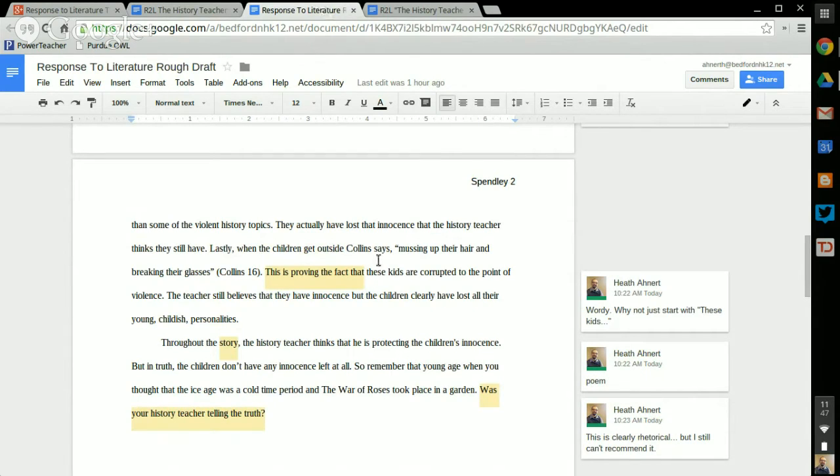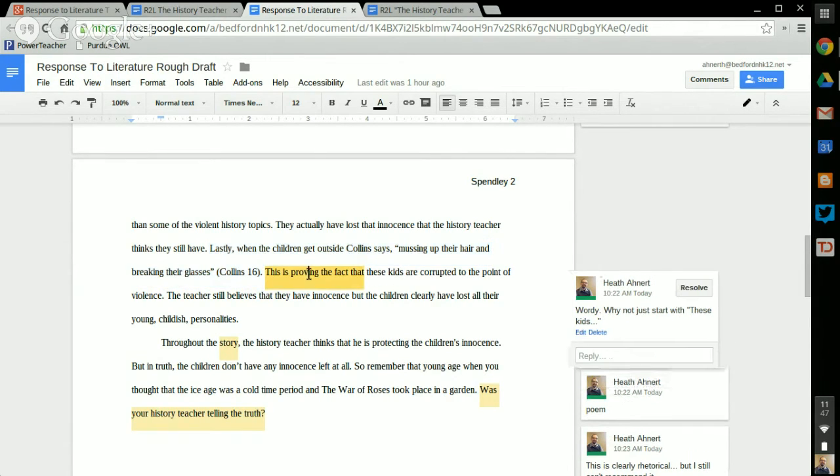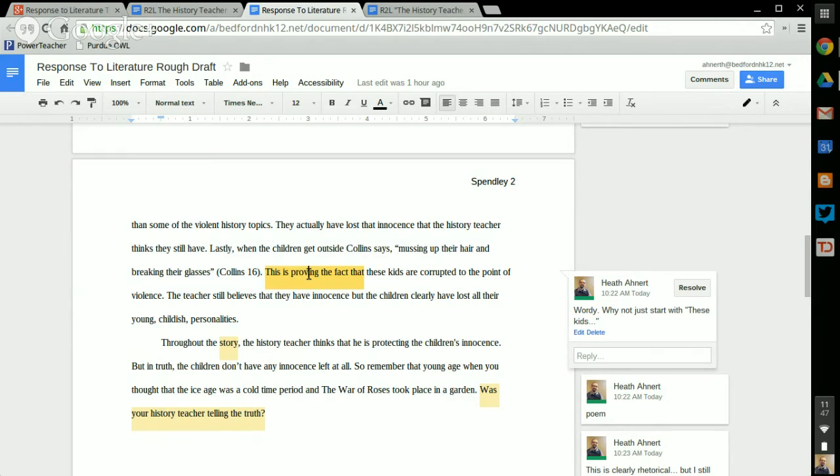Moving on to Ian's. Ian here has some great context. He says, lastly, when the children go outside, Collins says, mussing up their hair and breaking their glasses. And so he wants to talk about that moment that we talked about in the poem where the children show some of their behaviors. But then he chooses to use words that a lot of people are doing where you directly reference the quote that you just used.